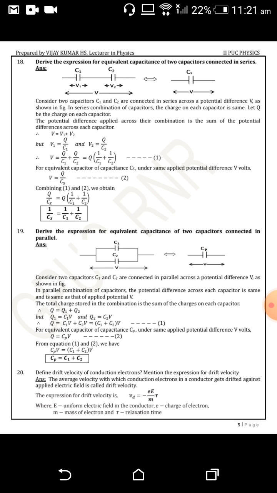The expression for the drift velocity is given by v subscript d is equal to minus e into capital E divided by m into tau, where E is the uniform electric field in the conductor, small e is the charge of the electron, m is the mass of the electron, and tau is the relaxation time. So this is regarding the drift velocity of conduction electrons and its expression. Many times they have asked this question in your examination.